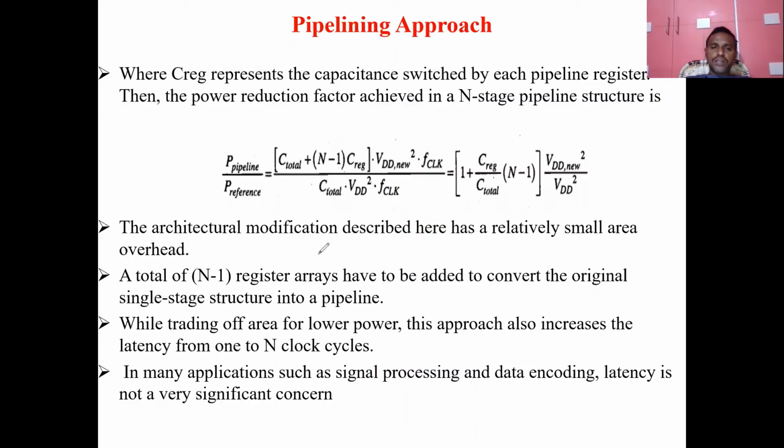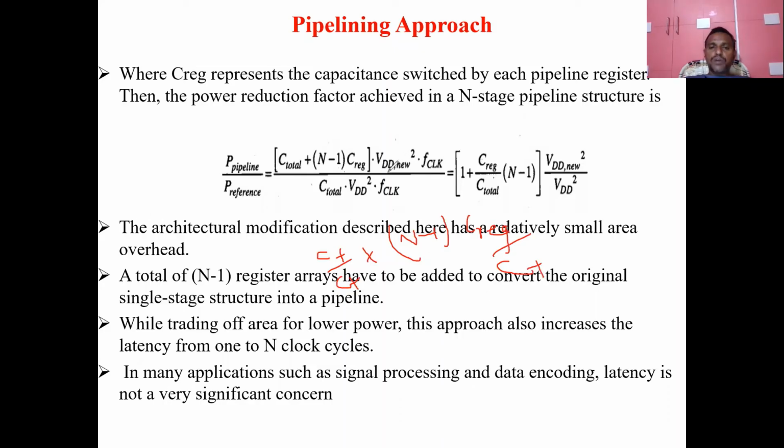So I will get C total by C total plus n minus 1, and the remaining is C register by C total.